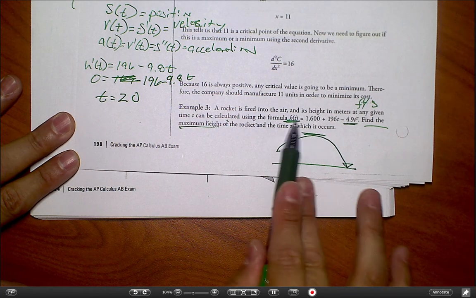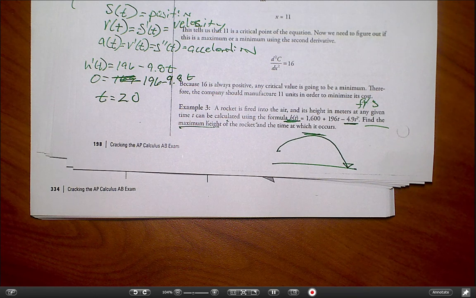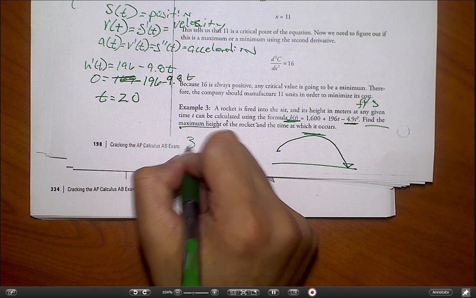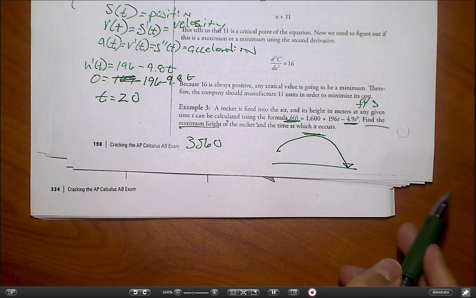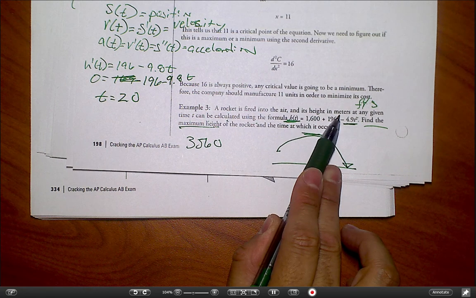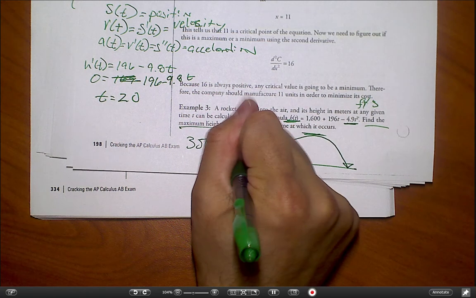So y is 1600 plus 196 times 20 minus 4.9 times 20 squared. So it's going to be 3560. And what are my units right here? Meters. Height in meters.